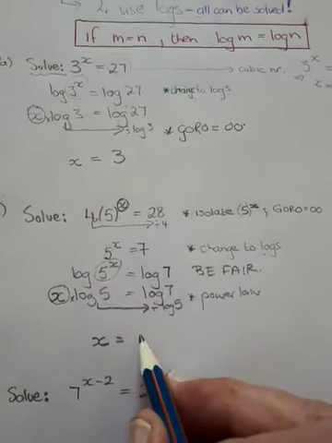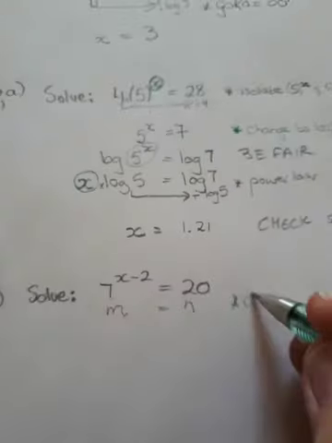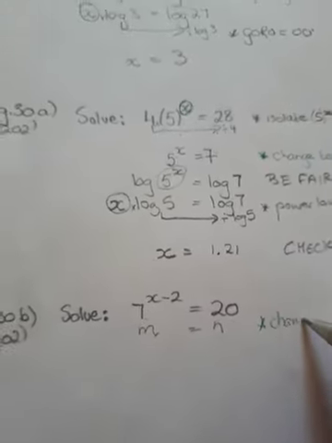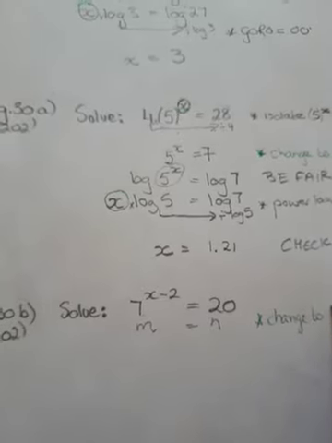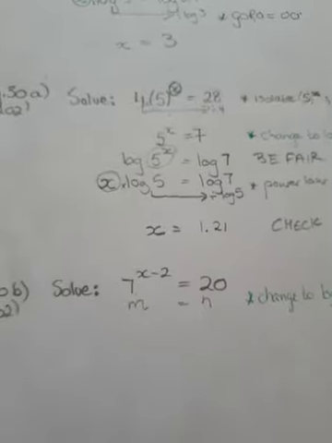In the last example, we've got 7 to the power of x minus 2 equals 20. Again, people, you should recognize the left hand side as m and the right hand side as n. So as soon as we have m equals n, we can change to logs, or as we say, we will take the log of both sides.